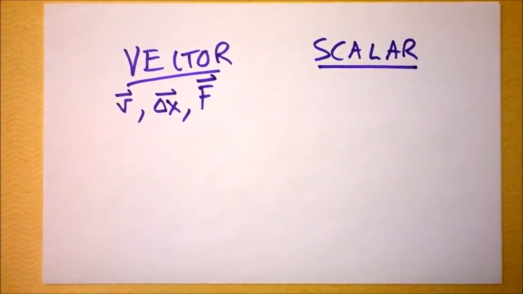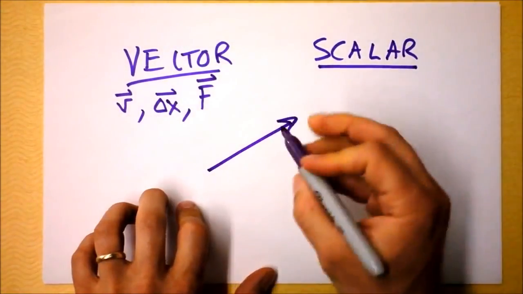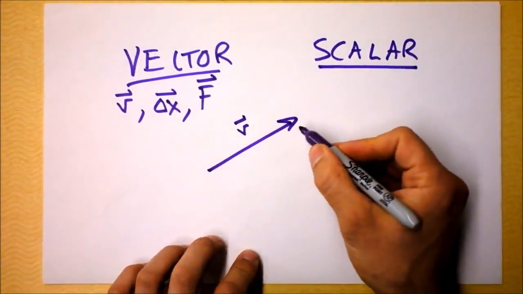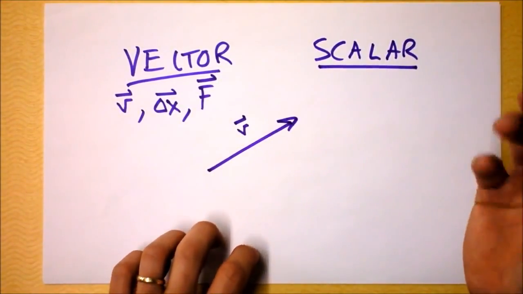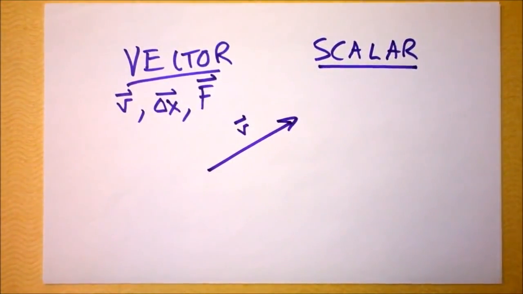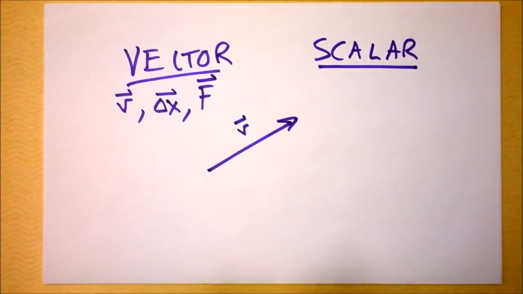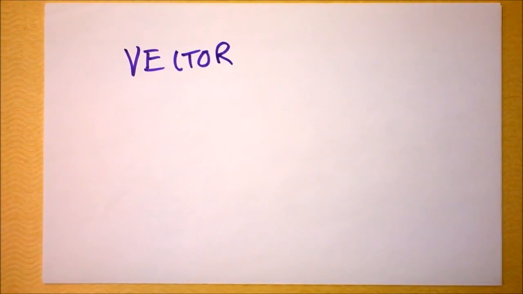We can picture a vector in our heads as an arrow. So like this could represent a vector, and I'll tell you why, because this arrow has both direction and magnitude. It is going a certain direction and also has a certain length that could represent its magnitude. But a vector really is a thing with both direction and magnitude.